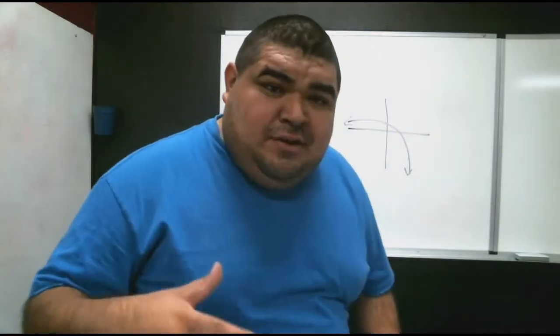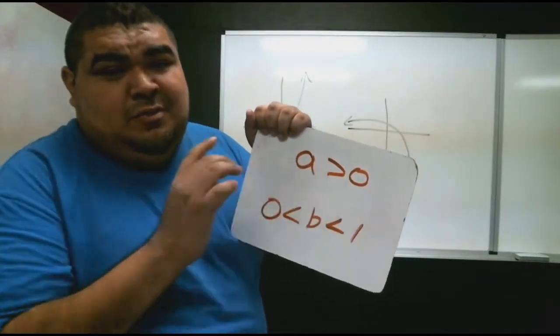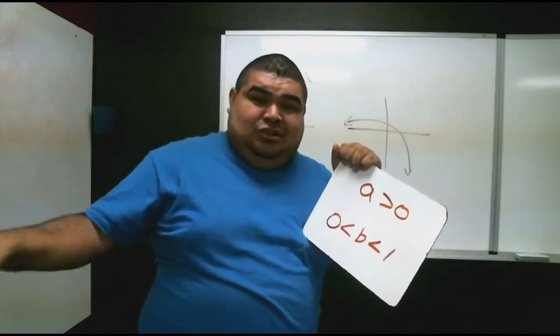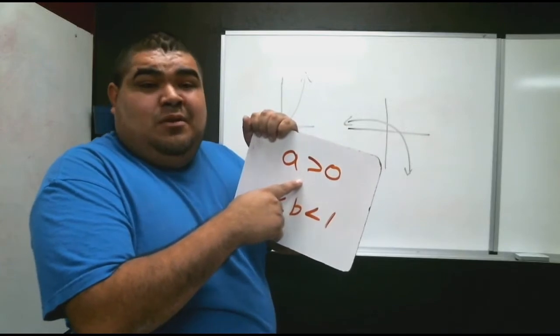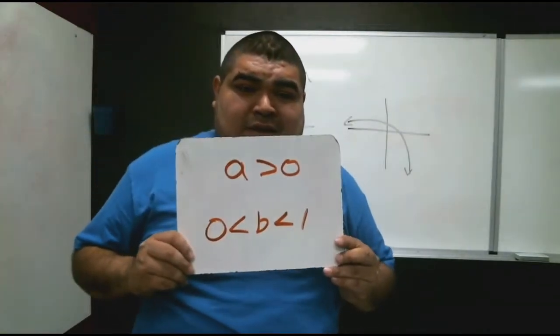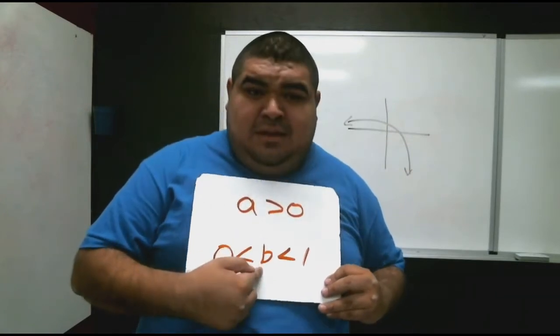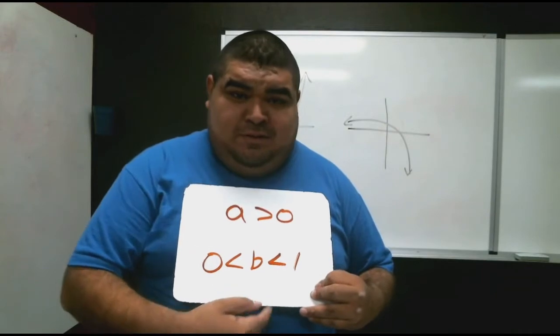But in order to find out if your equation is a decay equation, A still has to be bigger than 0, because if it's negative, it's just a straight line, not really a function. B has to be bigger than 0 but smaller than 1.